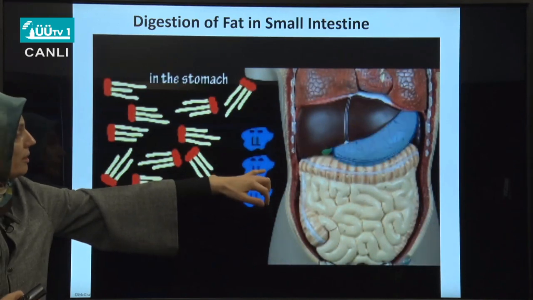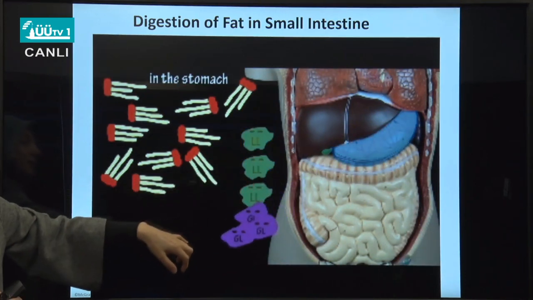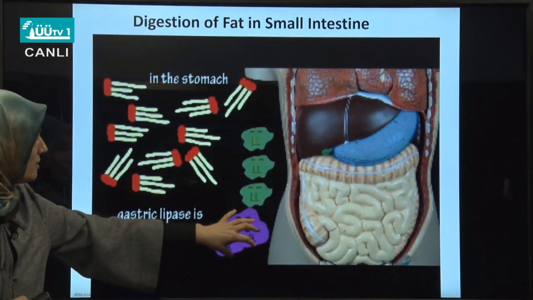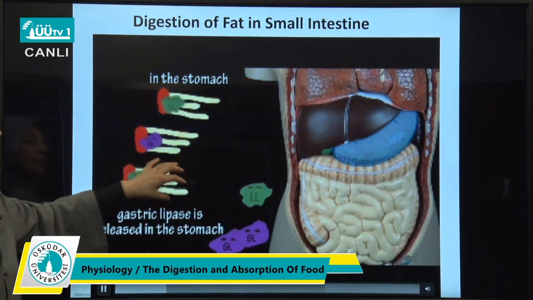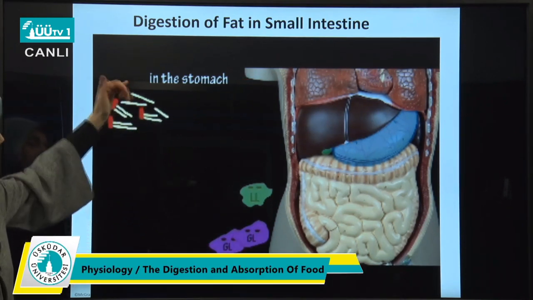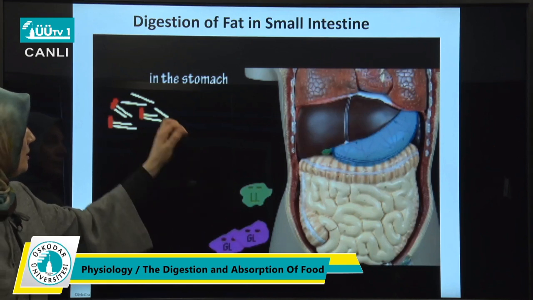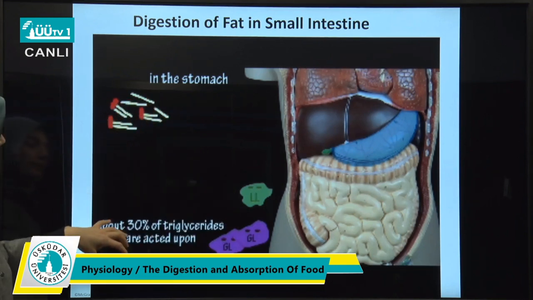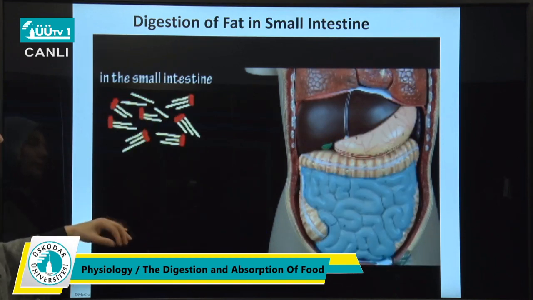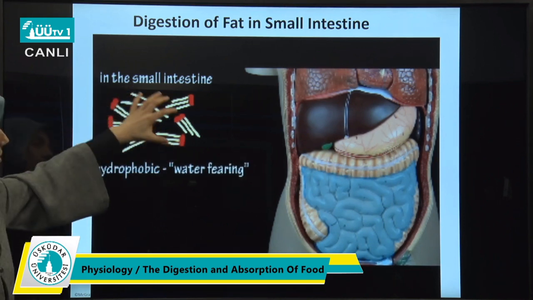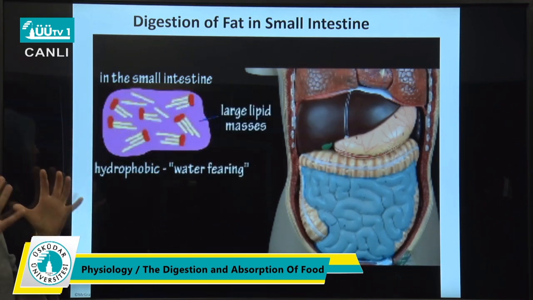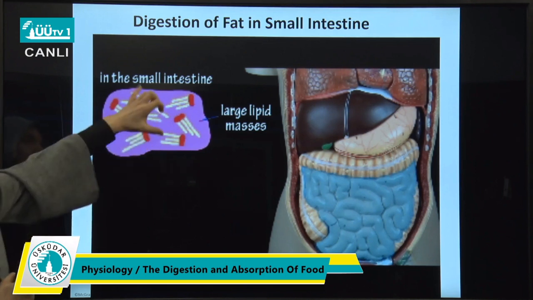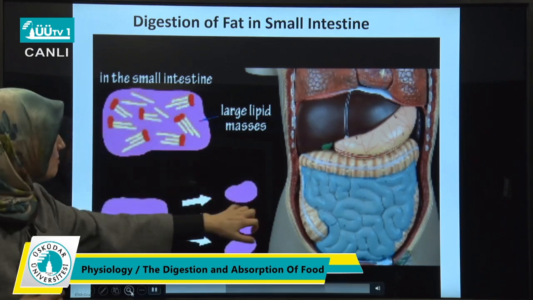And in the stomach, gastric lipase is secreted. The gastric juice partially digests the fats, about 30% is digested. But since they are water-fearing molecules, they form very large lipid masses.